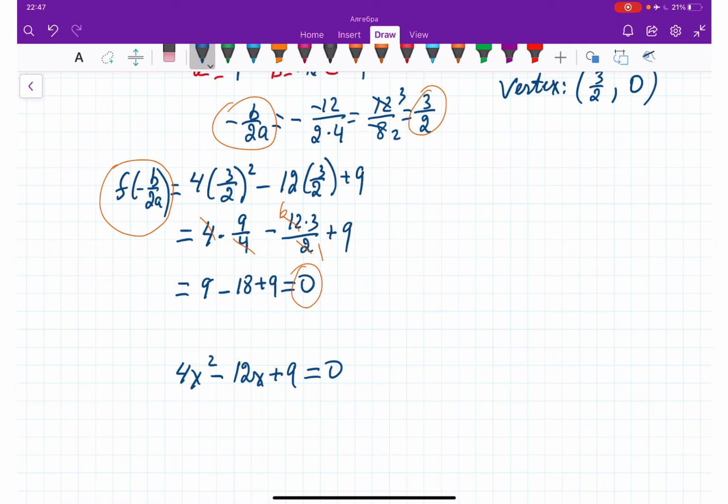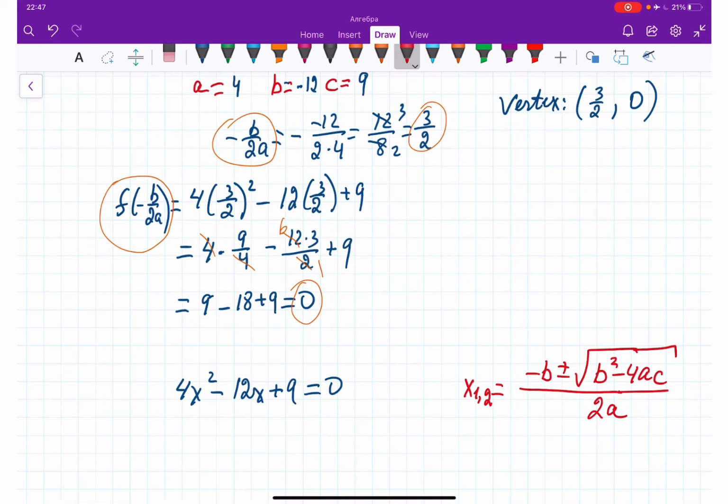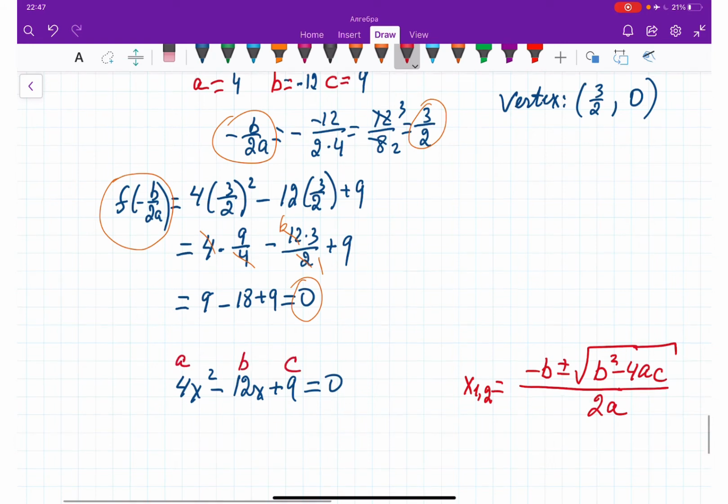So to solve it, we are going to apply the formula: x1,2 is equal to negative b plus or minus the square root of b squared minus 4ac, over 2a. Okay, we know our a is 4, b is negative 12, right? This is a, this is b, this is c. We can solve it.